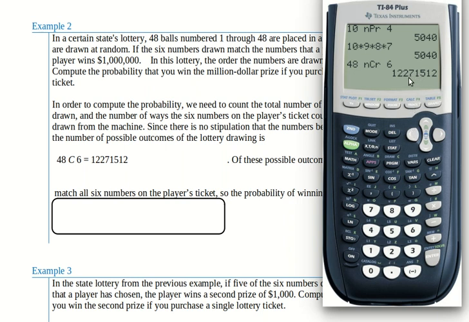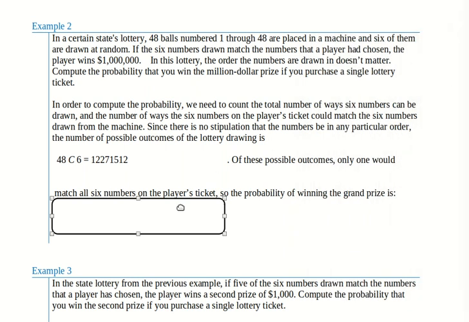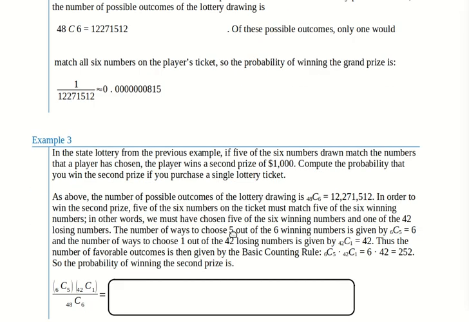I'm counting decimal places here, and I'm seeing 12,271,512 different possible ways, of which, if we're interested in using one chance to find that, our probability of making that $1 million prize with one guess is the reciprocal of that number, a very small probability.